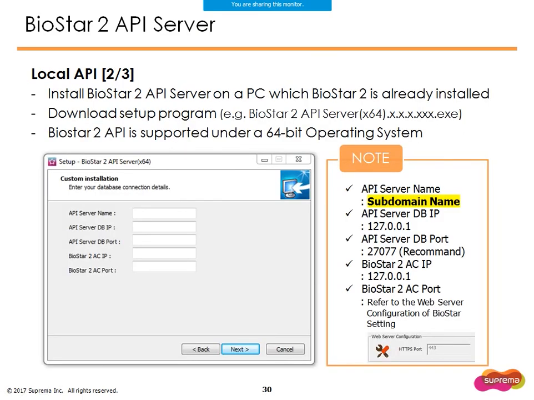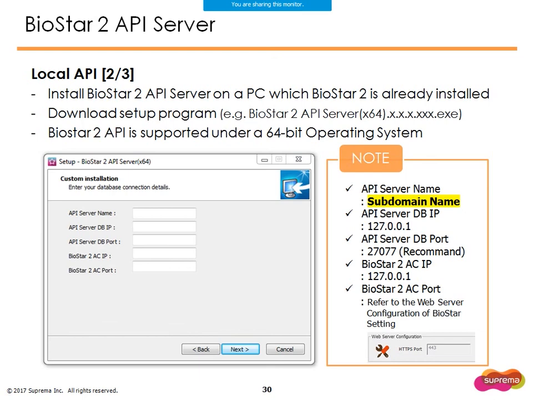I will say one more time. You must install the Biostar API server application to utilize local API. Please install it on a page where Biostar is already installed. This picture is about one of the installation procedures based on Biostar 2 version 2.4.0.